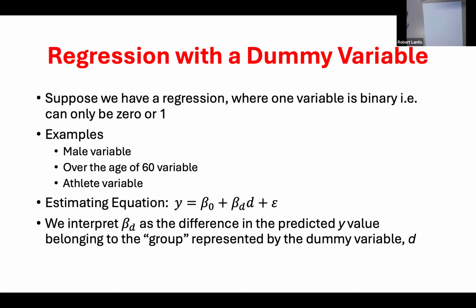So our units now, if it's a dummy variable, a 1 unit increase would be going from the zero to the one group. If I think about my student athlete variable and SAT as my Y, it would be the predicted change in SAT scores from going from being not a student athlete to being a student athlete, going from the zero to the one group.